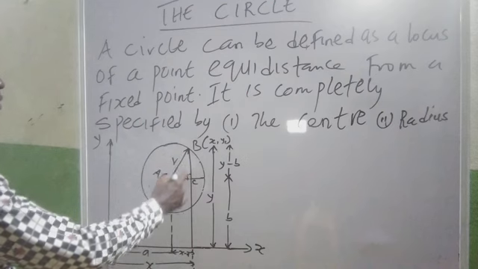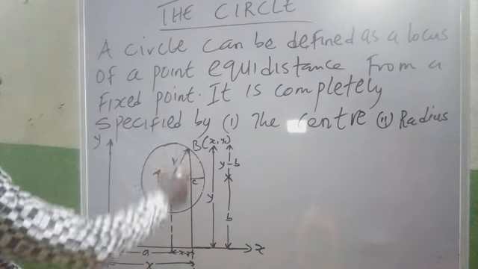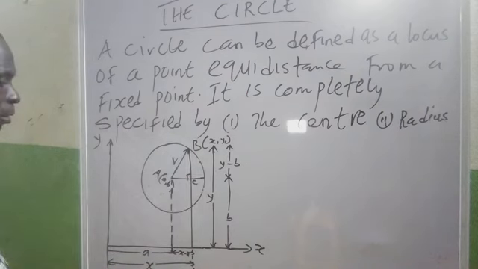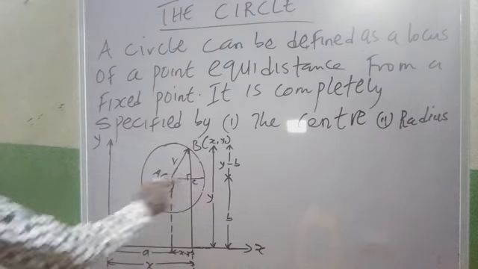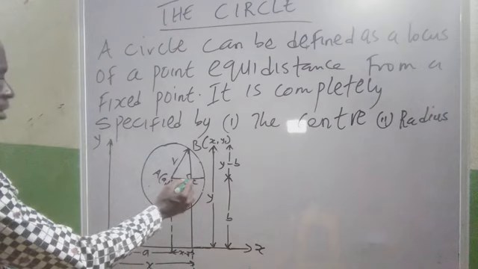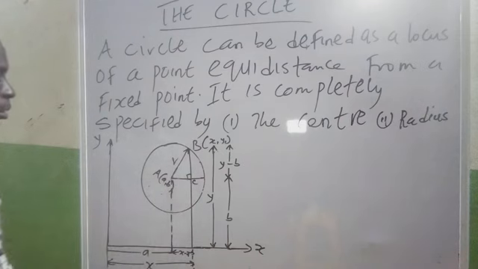This is the hypotenuse, and this is the opposite. The opposite of the triangle is going to be y minus b. The same thing goes for the horizontal. The horizontal distance is x, and the adjacent, because this is a right angle triangle, is x minus a.